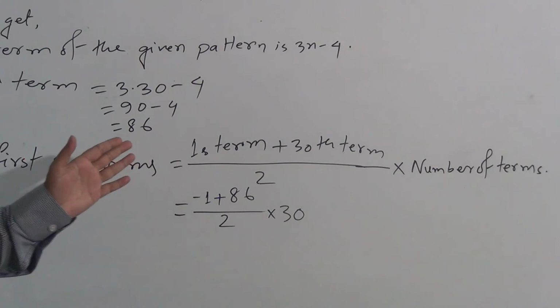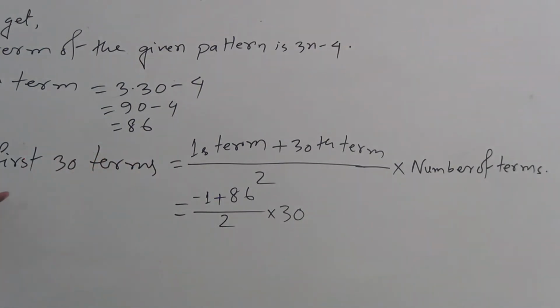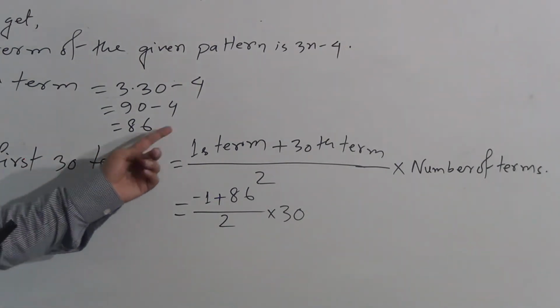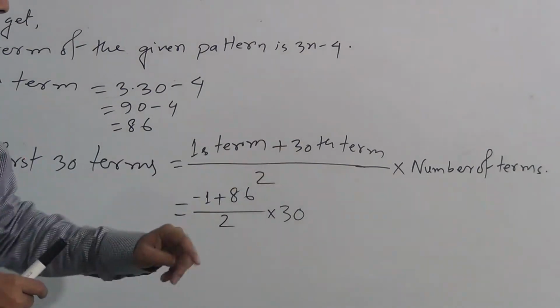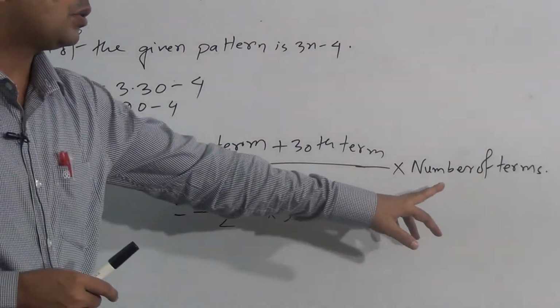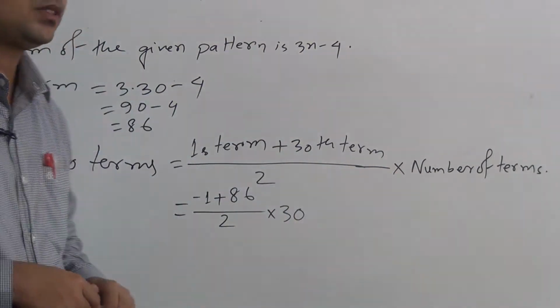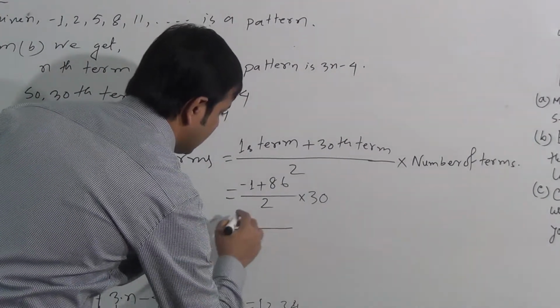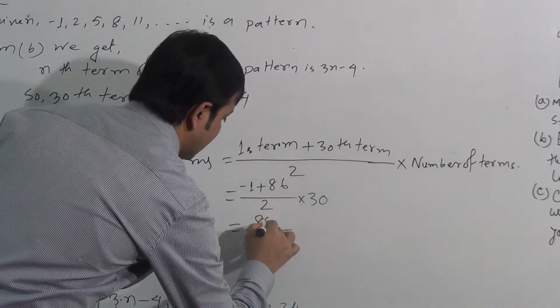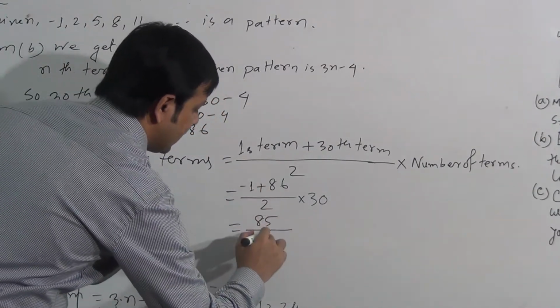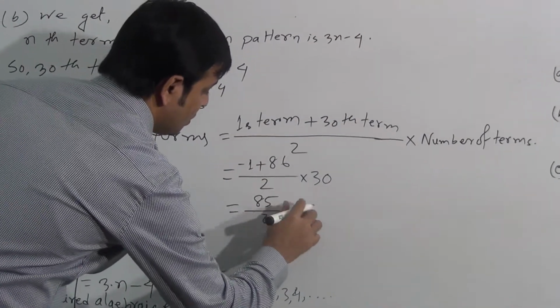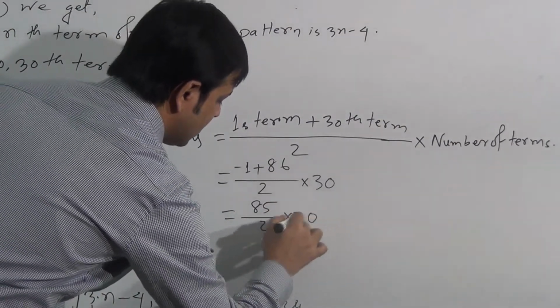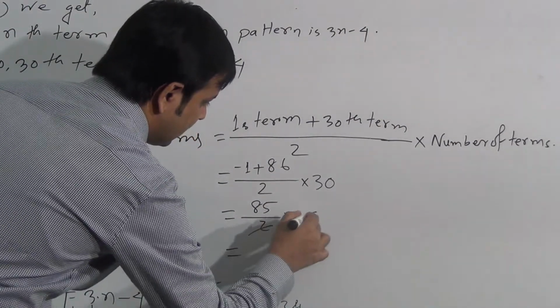Okay dear students, using that formula we can write the sum of the first 30 terms: first term plus 30th term divided by 2 into number of terms. Remember the formula. Now calculate here. This will be 85 as this is -1 and here is 2. We multiply by 30. So now we can cut this by 15.